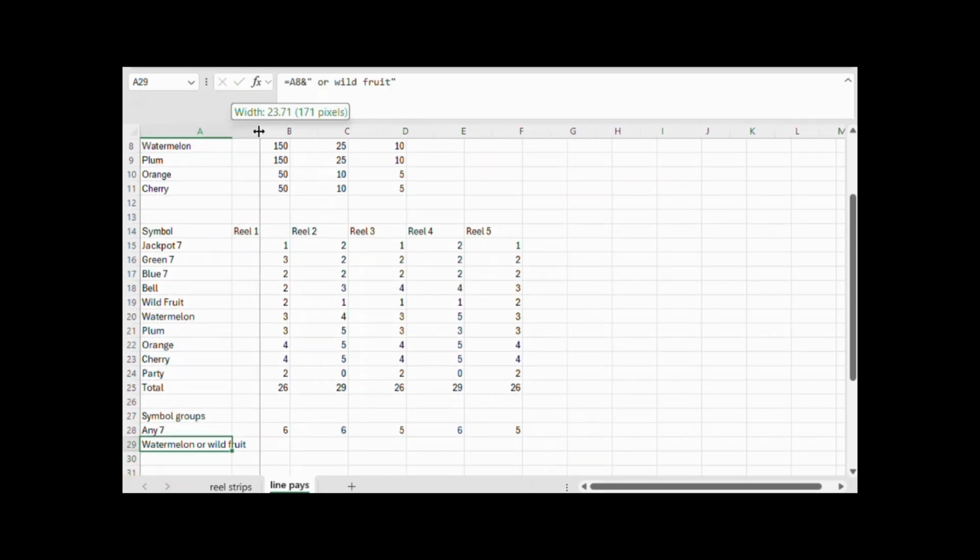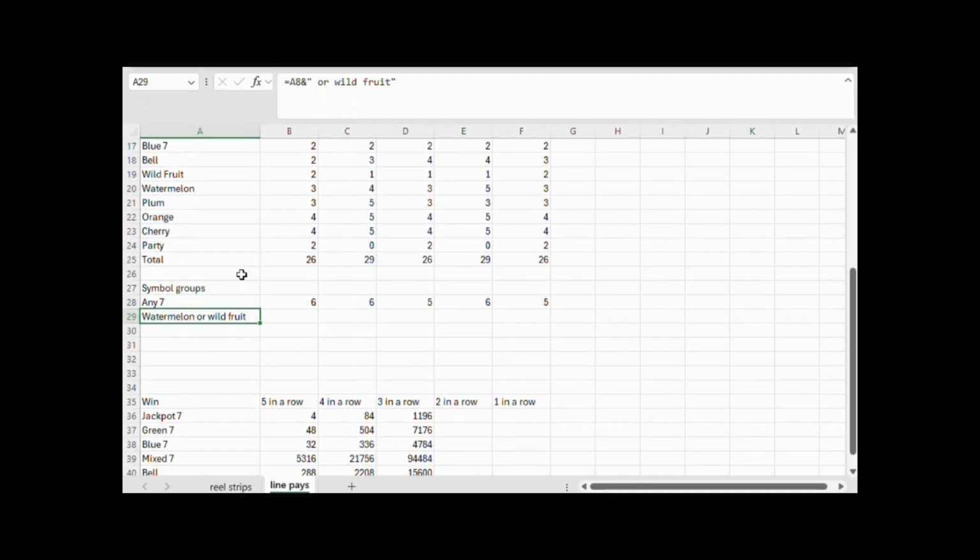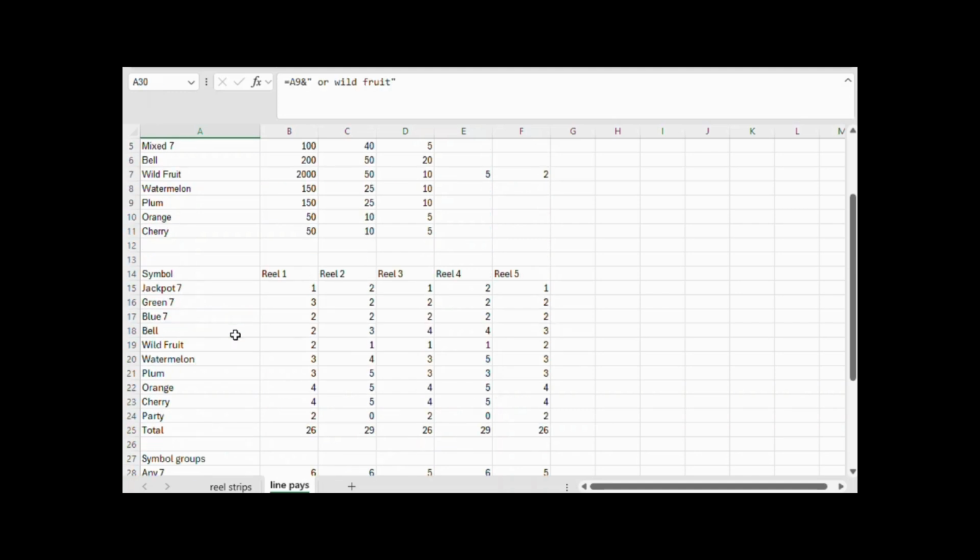And let me make this column a little longer. And I'm going to copy and paste that down for the other types of fruit. So the types of fruits, there's 4 different types. So let me copy and paste one more row.